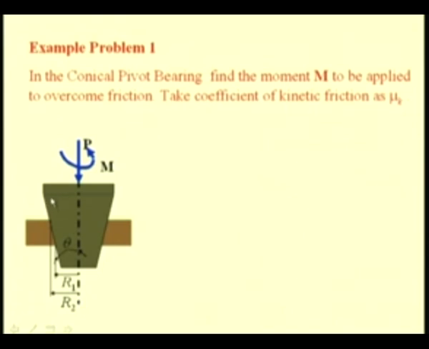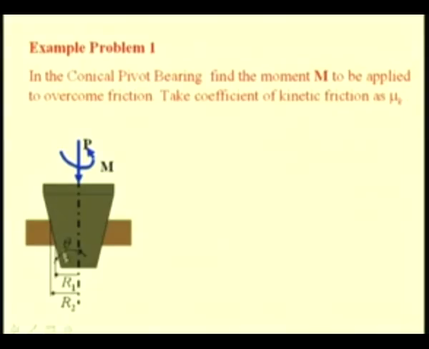Here you see a conical pivot bearing. In the earlier discussion we had flat end bearings. So, here we have the conical pivot bearing. The axial force that has to be supported is P, and a moment of M is applied in order to overcome the friction on these faces.